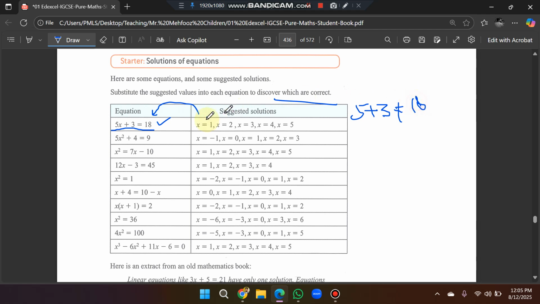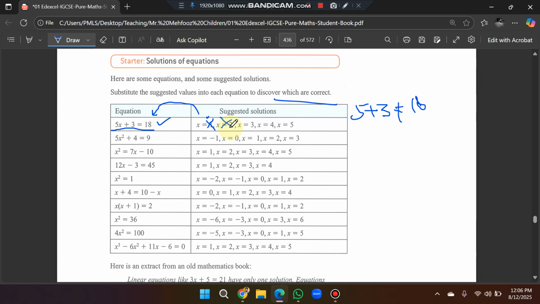Again, when we put 2, it will become 10 plus 3, that will be equals to 13. So this is not your solution. If you put 3, you can see that 5 multiplied by 3, that is 15. 15 plus 3, that is 18. 18 is equals to 18.